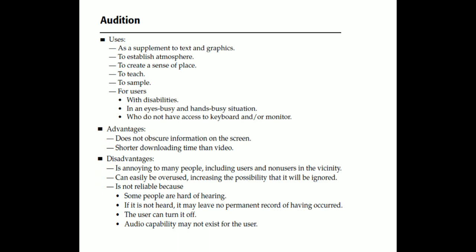A particular type of music reflecting the website's content can be played to establish ambience and also to create orientation signposts, and audio can also be used to teach word pronunciation or to provide samples of music.